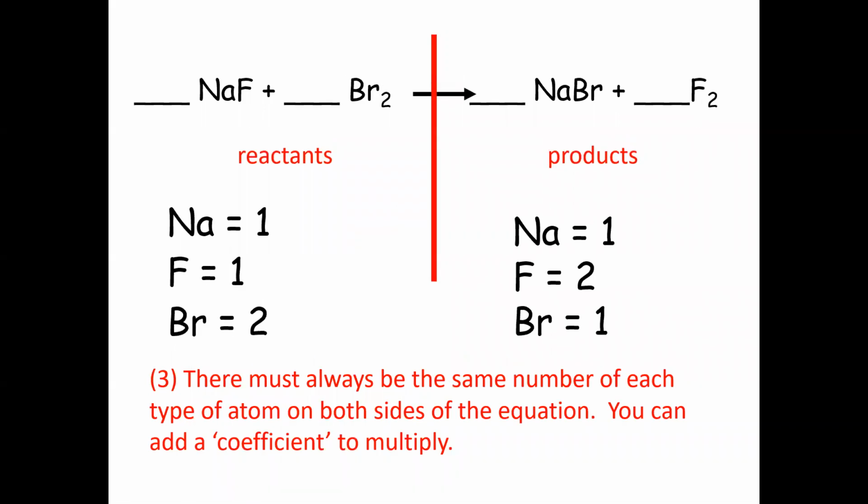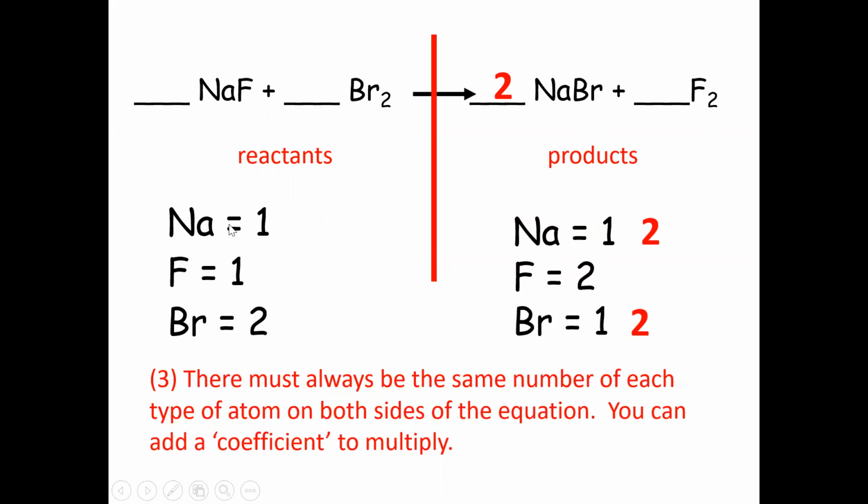So there must always be the same number of each type of atom on both sides of the equation. So again, you add your coefficients to multiply. If I put a 2 in front of sodium bromide, I multiply everything within sodium bromide by 2. So I now have 2 sodium atoms and 2 bromine atoms. I've got 2 fluorine.